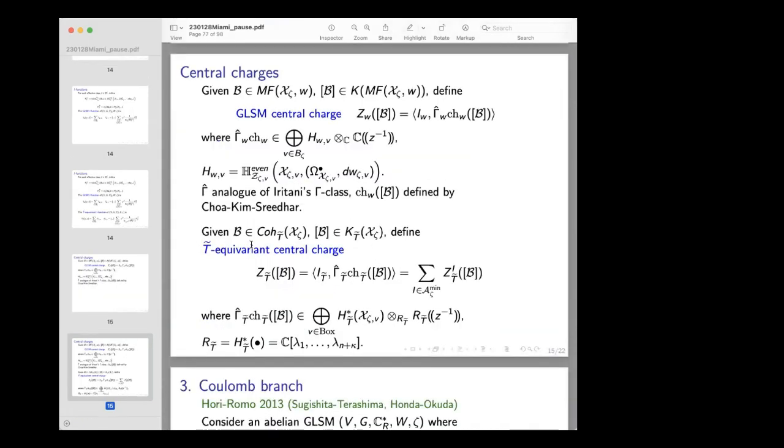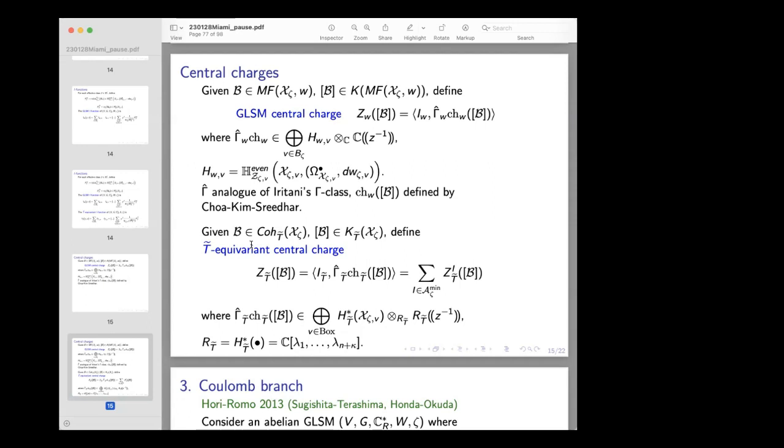And so now we use the T-equivariant I function to define the T-equivariant central charge. In this setup, a B-brane is actually a T-equivariant cohomology class, so we take the K-series class and just take the T-equivariant Chern character. Again, it will have components from all the inertia stack, and we define it similarly.